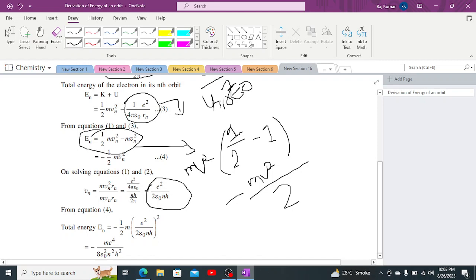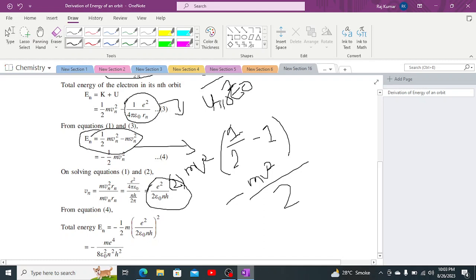We calculated it by means of the formula which we previously utilized in the radius of an orbit, in which we calculated the value of velocity as e² upon 2 pi epsilon naught nh. But here, as we require the square of velocity, we are going to square it. After squaring it, the value will be e⁴ upon 4 pi epsilon naught whole square n² h².